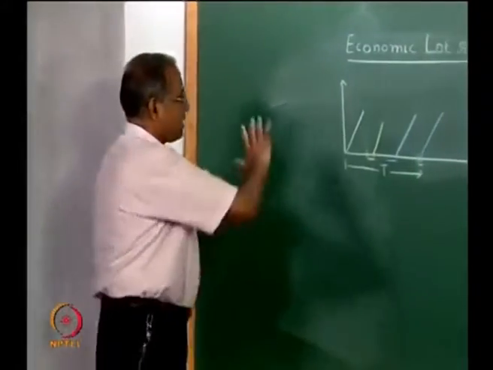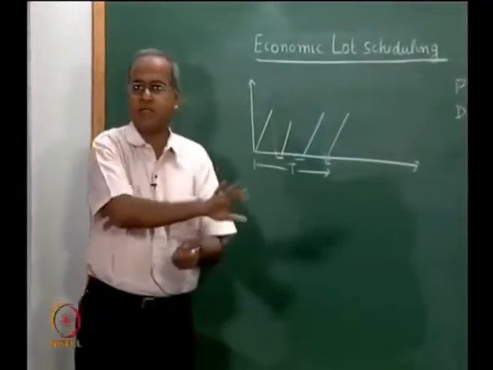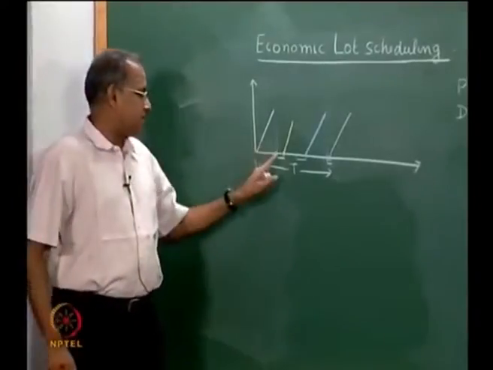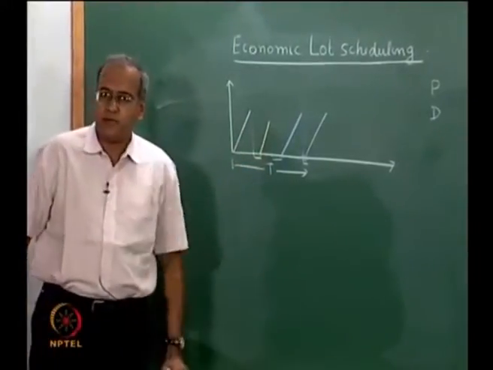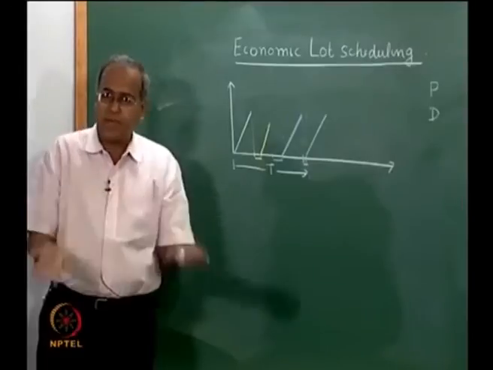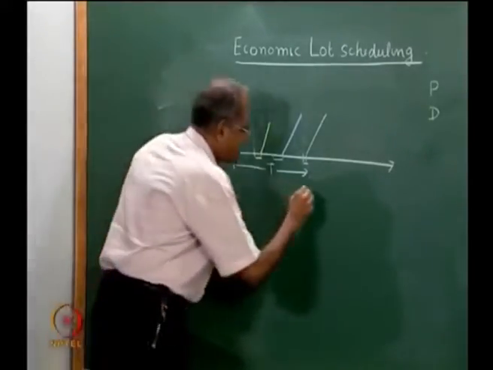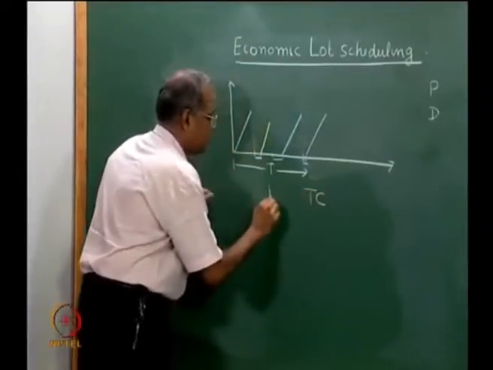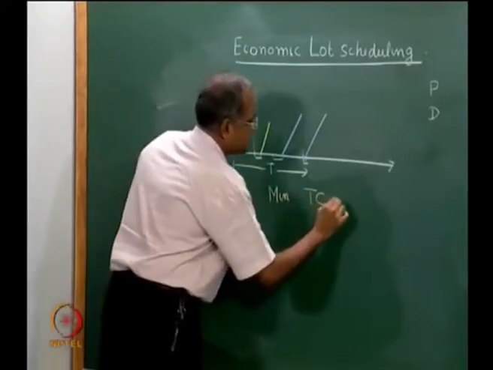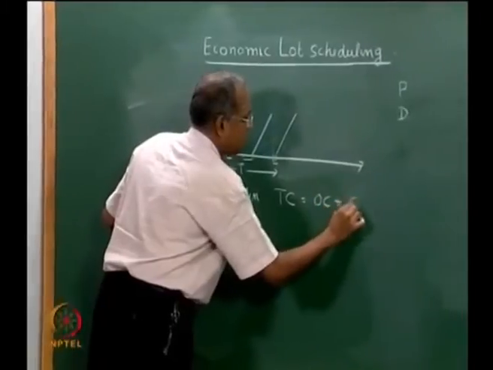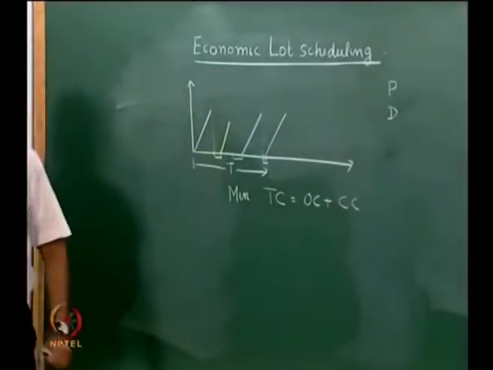So, in the economic lot scheduling problem, we do not assume, at least at the moment, that the changeover times are sequence dependent. So, changeover times are sequence independent, and then the economic lot scheduling problem essentially tries to minimize total cost, which is the sum of order cost plus carrying cost.